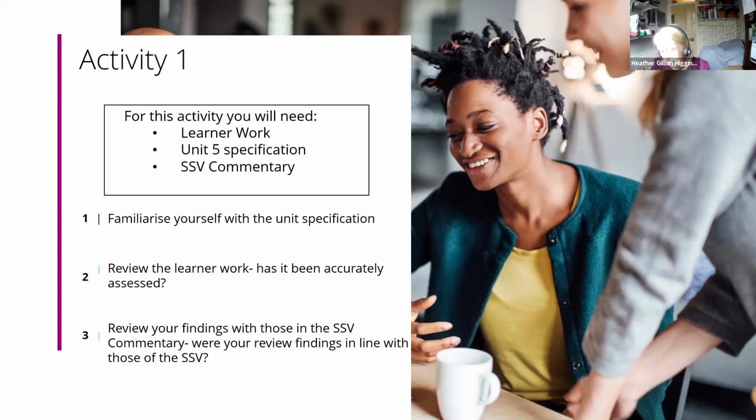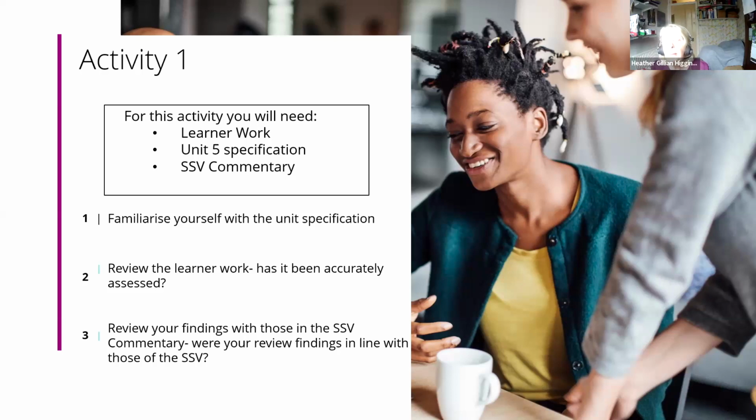Now, it's 5:05 and we finish at half past. So I'm going to ask you to look at one learning aim or two learning aims, A and B, and see whether you think the learner work has been met accurately. Then review your findings with the SSV commentary. Were your review findings in line with that?